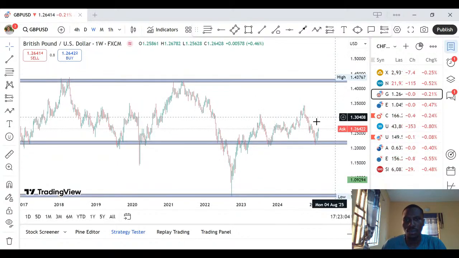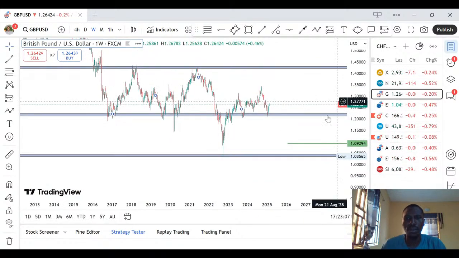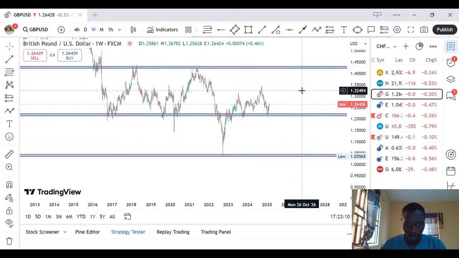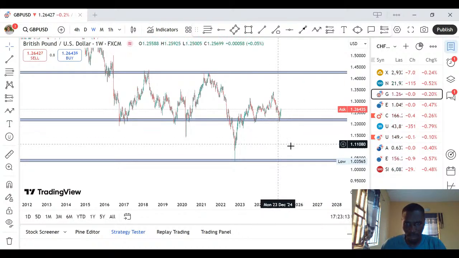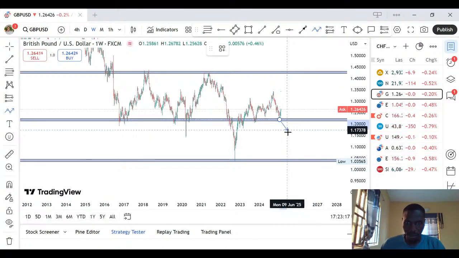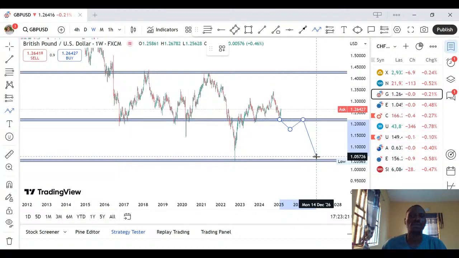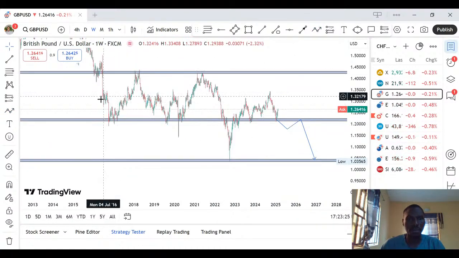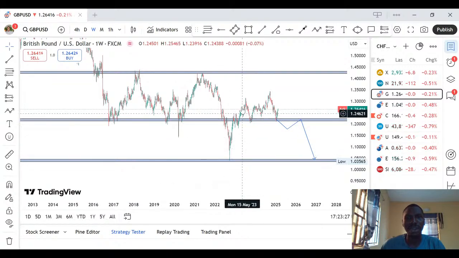This is what we have. I'm really going to be serious about GBP selling when I have price break this zone. When price breaks down from this zone and retests, then I will start looking out for my sell opportunities. But now the price is more like moving back into the range.